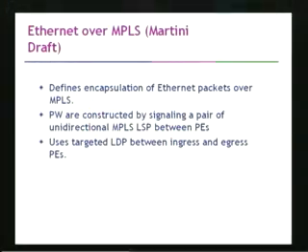So the pseudo wire will set up the tunnel, and then the encapsulation mechanism of encapsulating Ethernet in MPLS packets is provided by Martini-Draft. So Martini-Draft defines the encapsulation of Ethernet packets over MPLS. Then pseudo wires are constructed by signaling a pair of unidirectional MPLS LSPs between provider edges, and it uses targeted LDP between the ingress and egress provider edge.